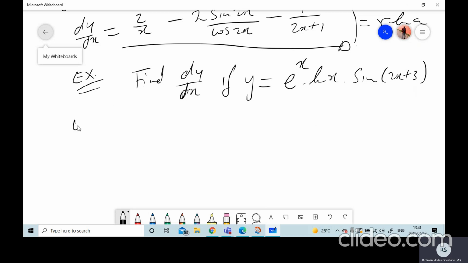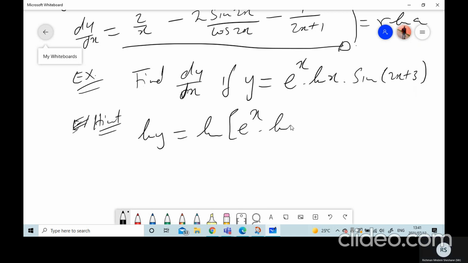So as a hint, the first step, you apply the log properties, apply the log differentiation. So in here, they didn't give you ln, so you introduce ln on both sides. Ln of the left hand side equal to the ln of the right hand side. And then expand your right hand side using log properties.